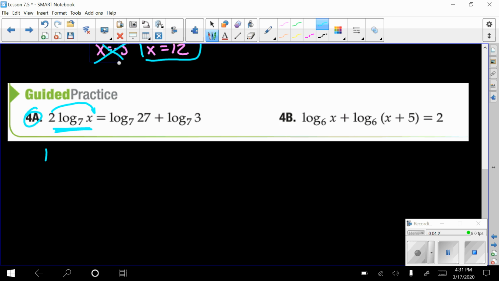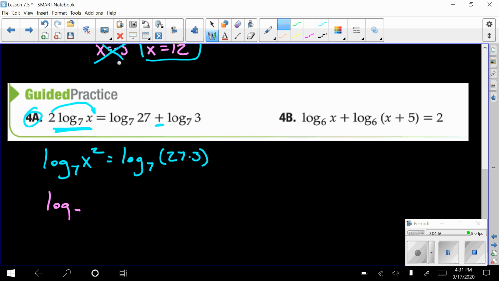So we're going to say log base 7 of x squared now equals, separated by addition, becomes multiplication, log base 7 of 27 times 3. We'll do that quick math, that's 81. Log base 7 of x squared now equals log base 7 of 81.